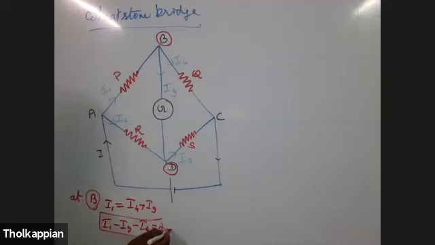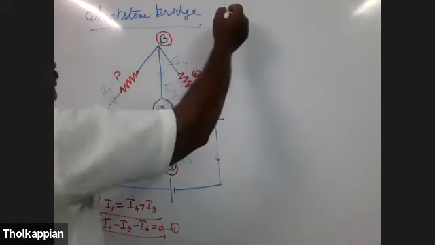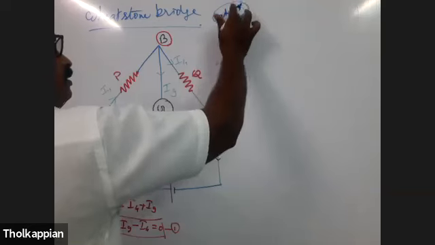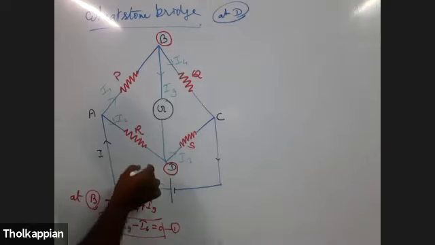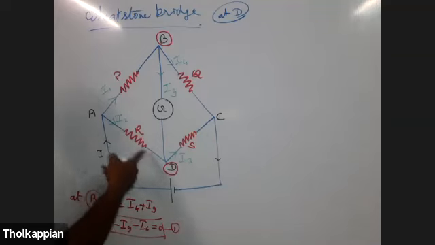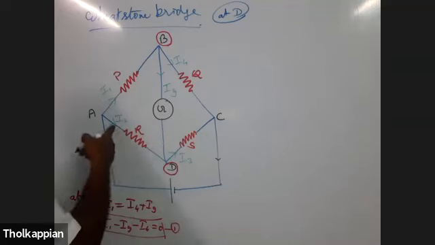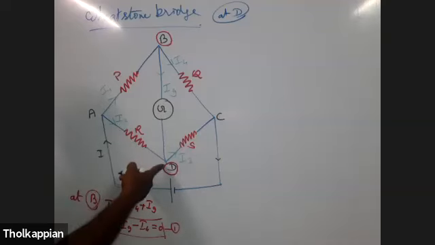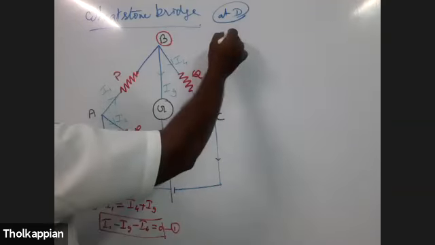Consider this as equation 1. Next, come to junction D. At junction D, the currents flowing towards the junction are I2 and IG, and I3 is separated.